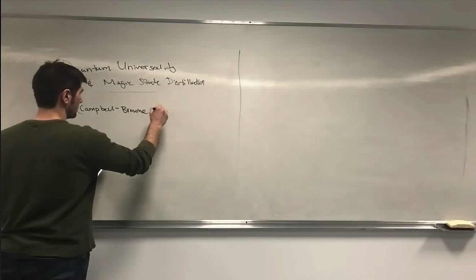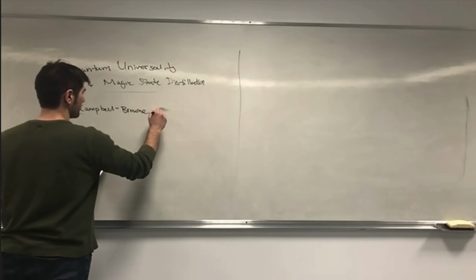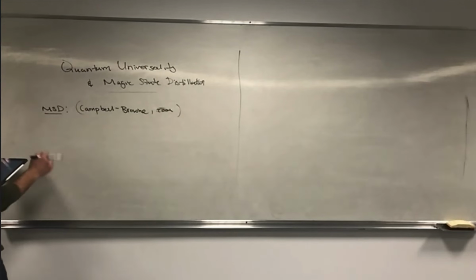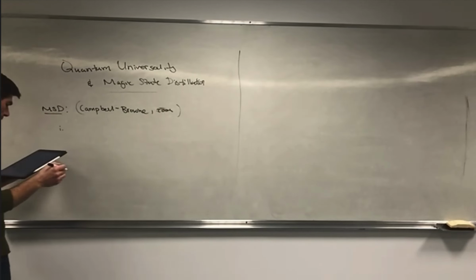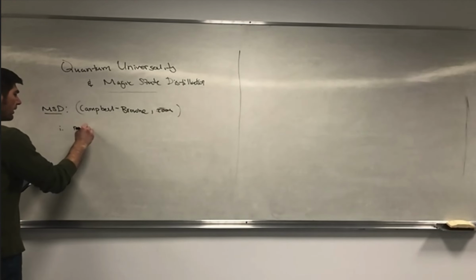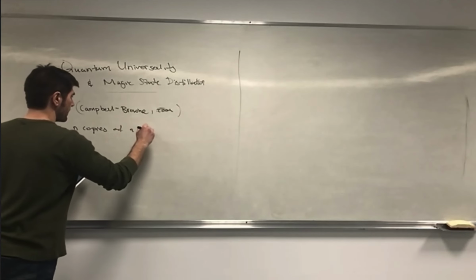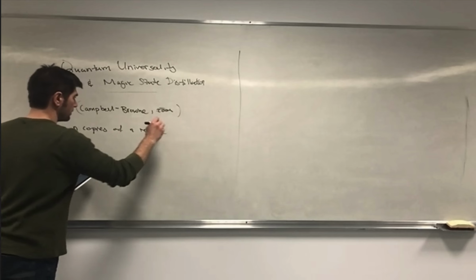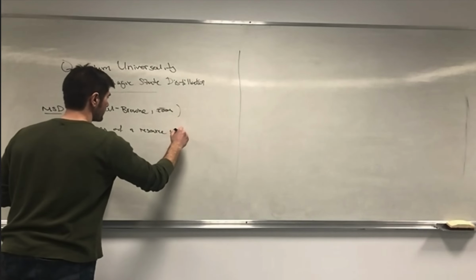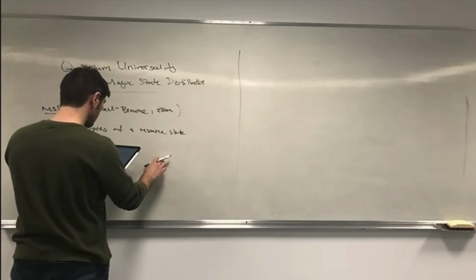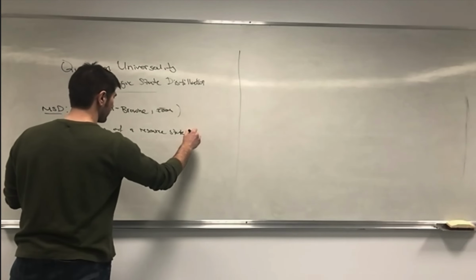The basic idea is you start with taking n copies of a resource state. Could be a single qubit resource state, but it could be multi-qubit. Let's just call this rho.